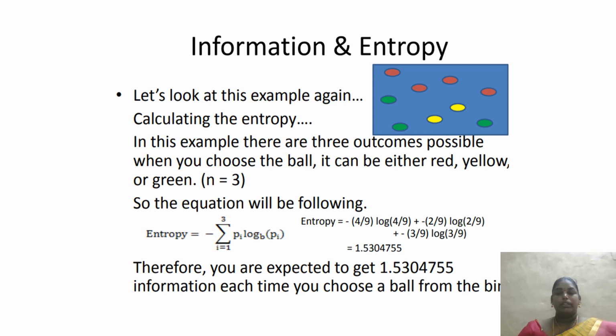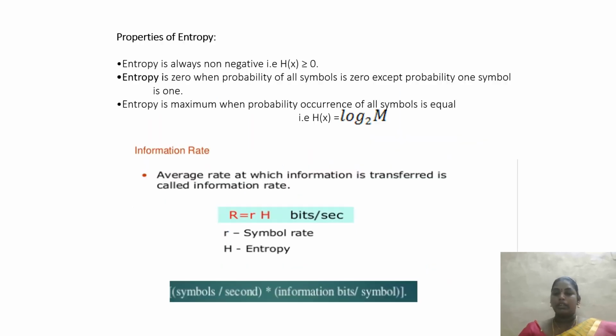These are examples listed for calculating information and entropy. We need to calculate the individual information content, then the total information conveyed on average from source to destination. There are properties of entropy. As information should not be negative, the first property is that the average information should also be greater than or equal to 0.